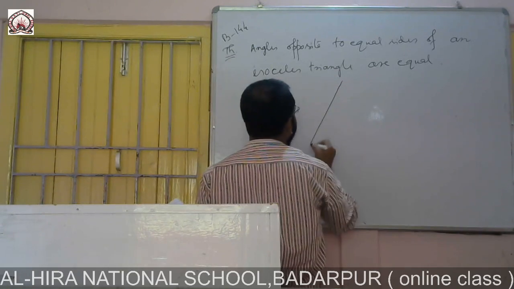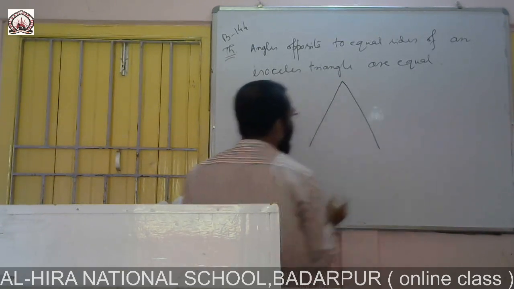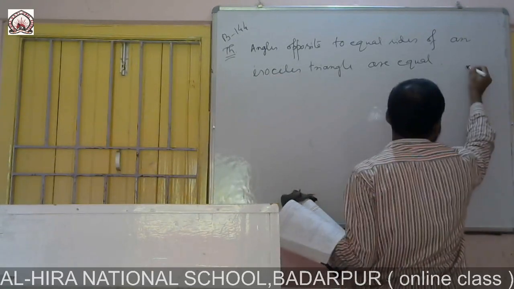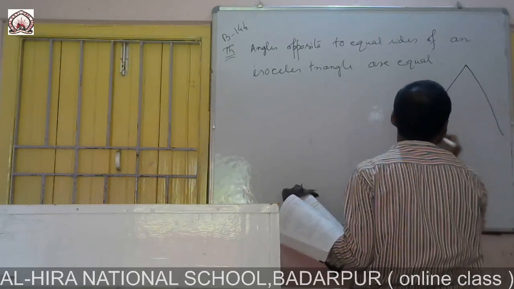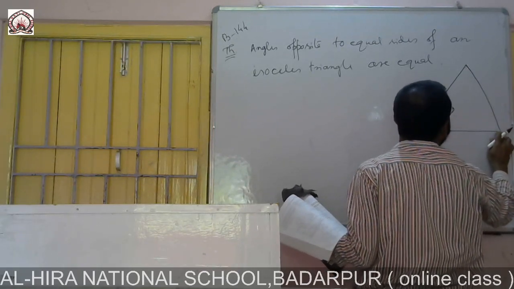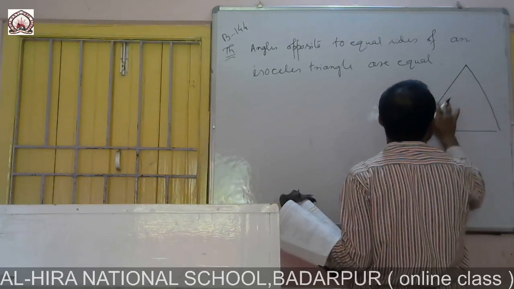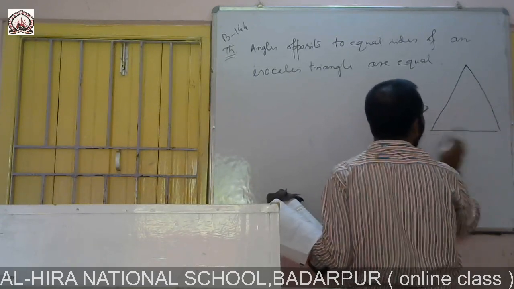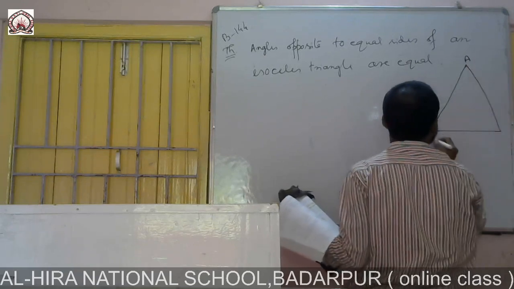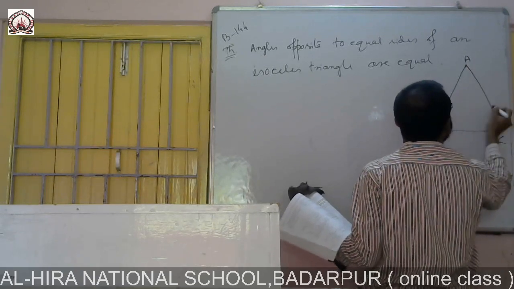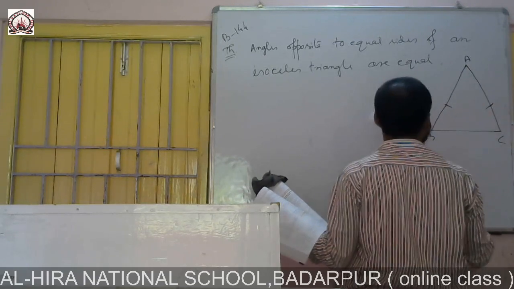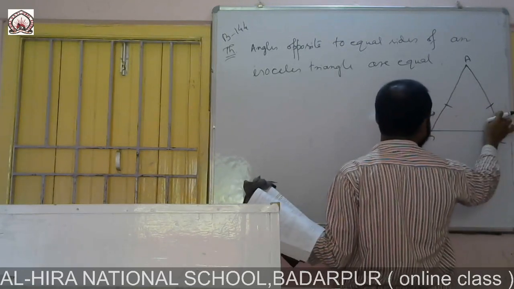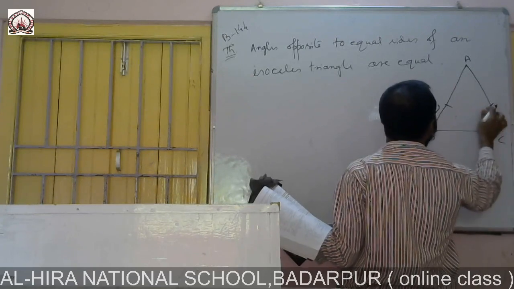There is a triangle ABC whose two sides are equal, and we have to prove that opposite to this side is this angle and opposite to the other side is that angle.